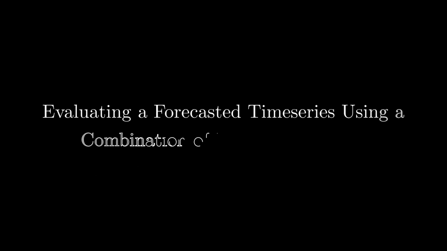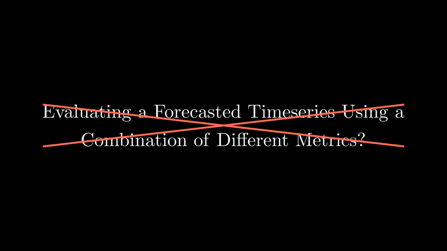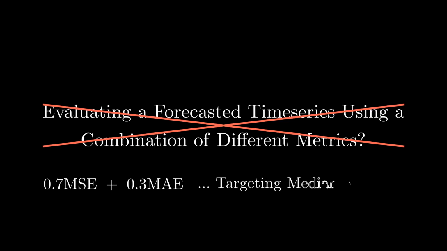The third and last lesson is that it does not make sense to evaluate a single forecasted time series using some combination of different metrics. For example, a forecaster using an evaluation metric that is a weighted sum of mean absolute error and mean squared error means that he or she has not understood the problem well enough to decide whether the mean or the median of the underlying distribution should be targeted.